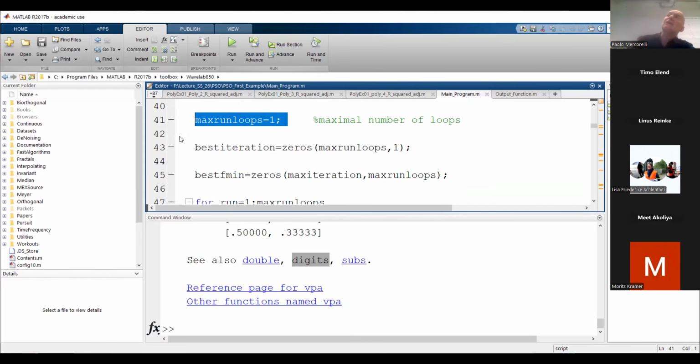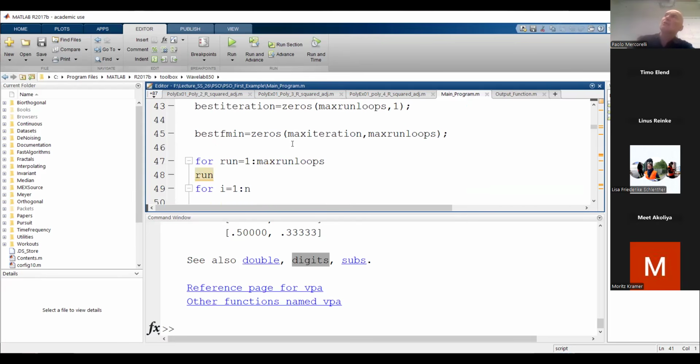Also here, everything related to Max-Run loops, forget, because otherwise it is too complex. Also this one. Also here, this for here, you can forget because it's related to maximal loops. We have just one swarm. This means this loop here is not active.